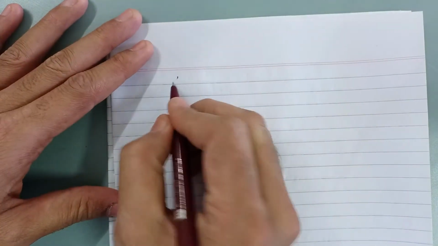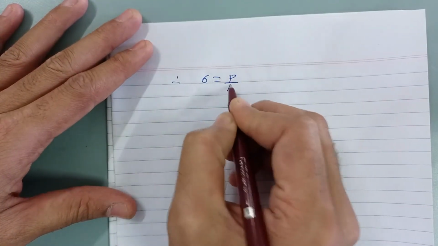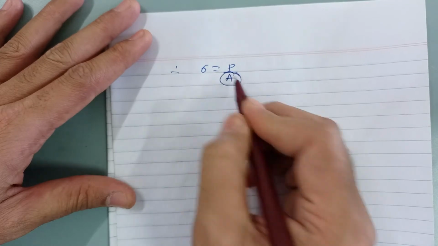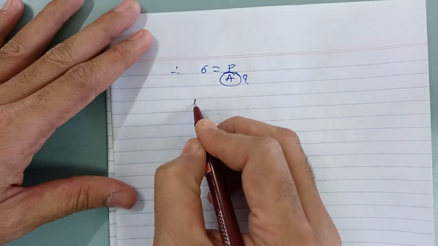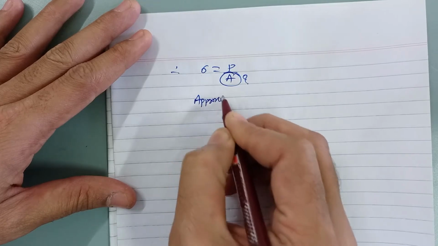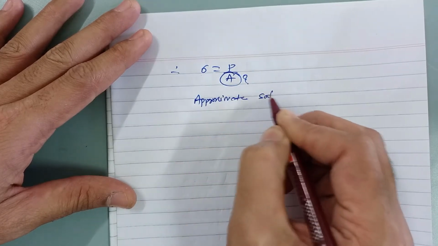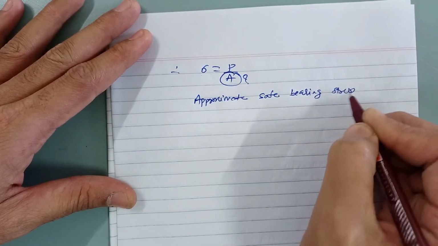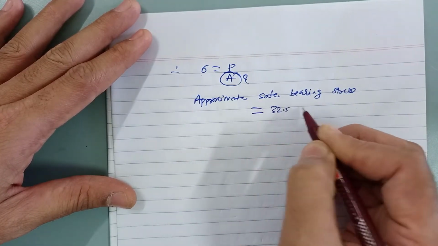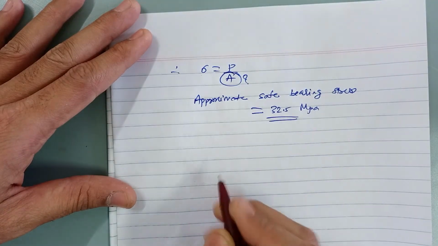Area of bearing plate. And you might be knowing stress is nothing but force per unit area. Now here we are supposed to determine this area of bearing plate, and this stress we have determined as the approximate safe bearing stress of 32.5 MPa.